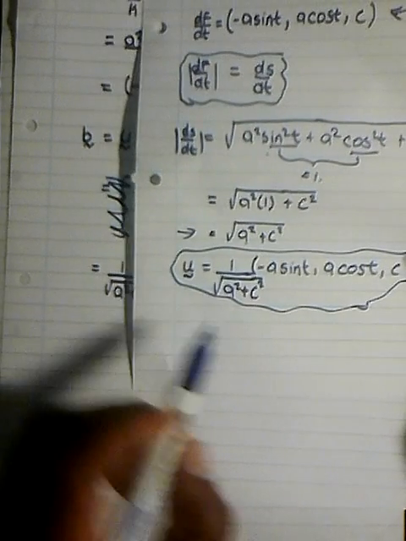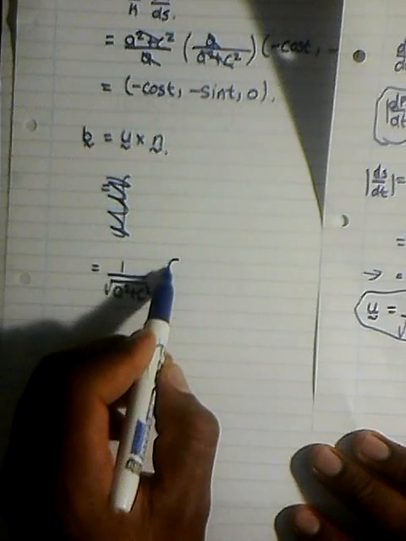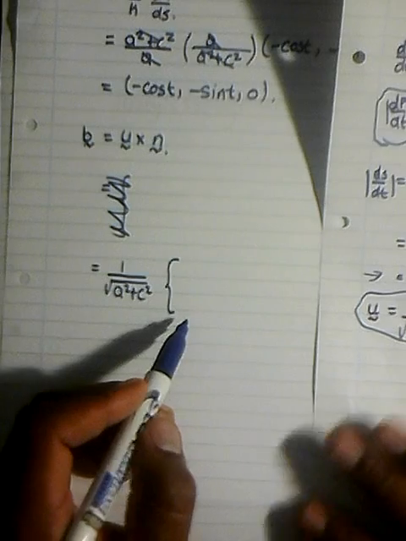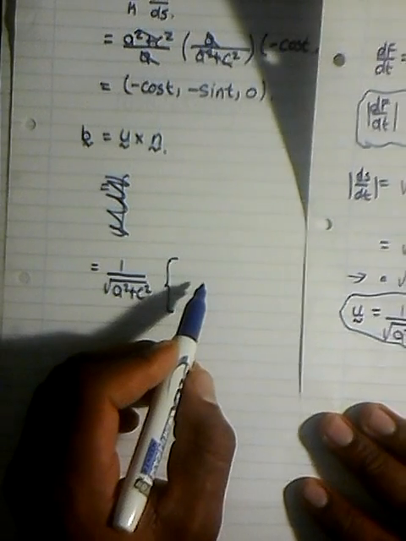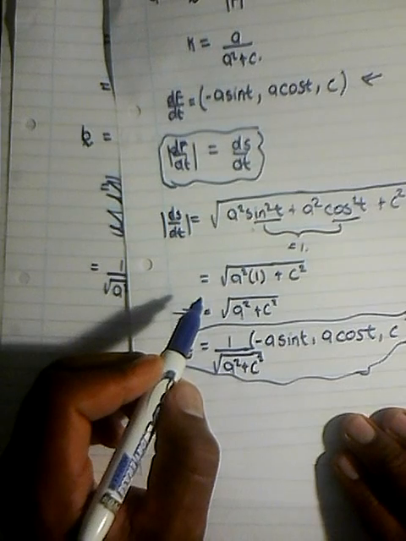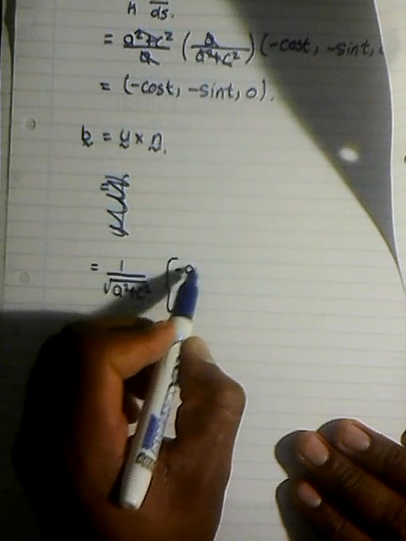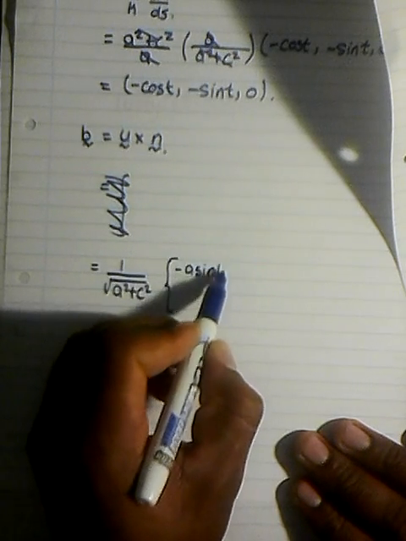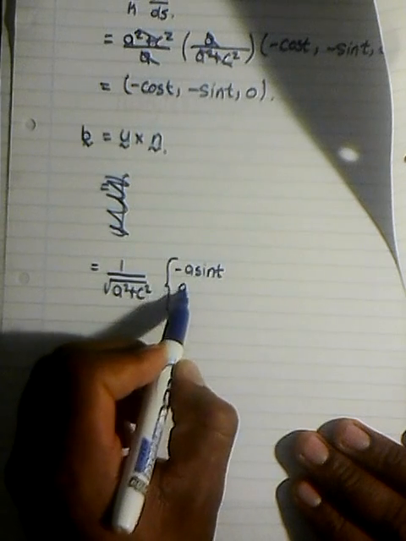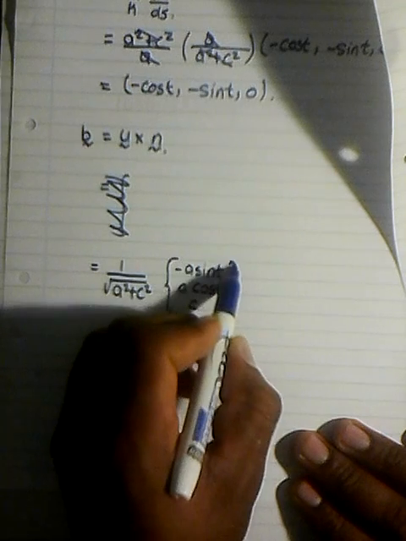Then I'm going to put in my entries. On u we have minus a sin t, a cos t, and c.